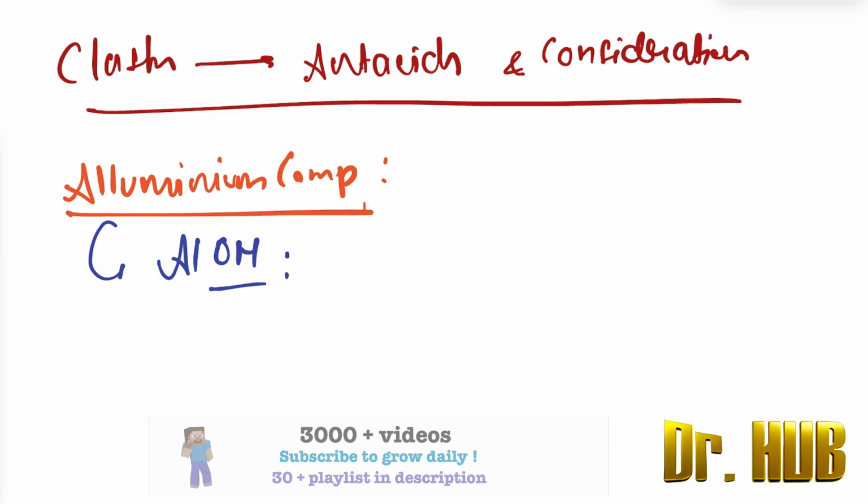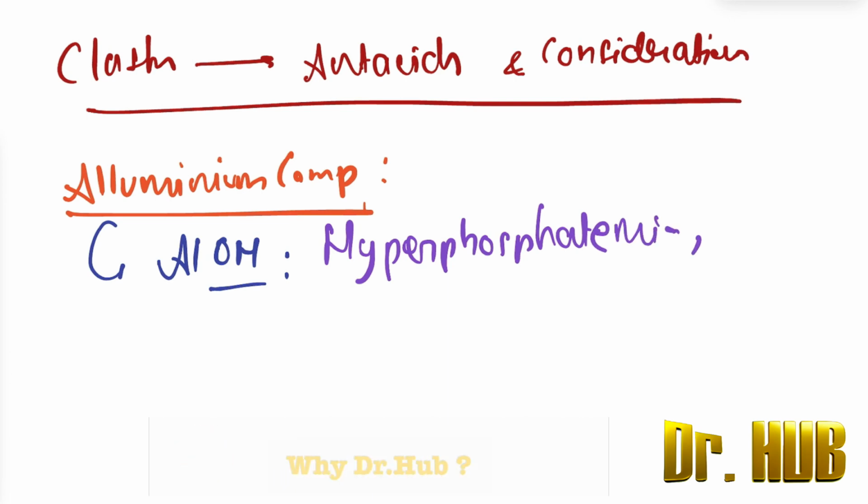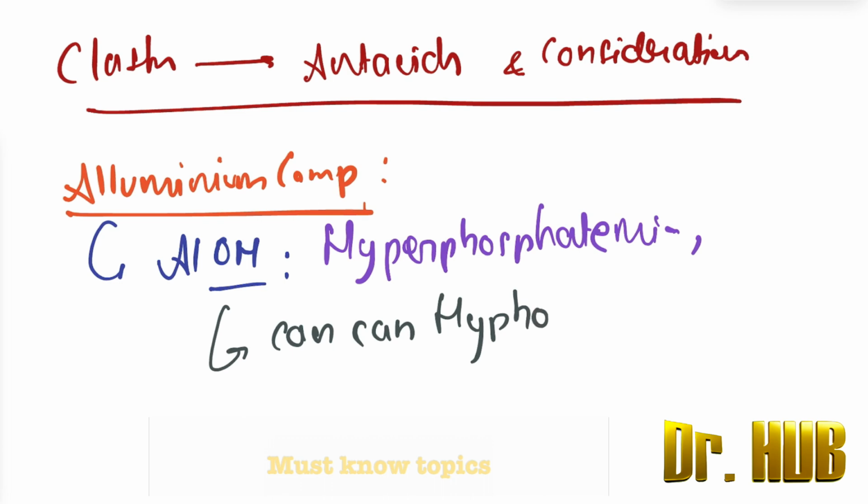This aluminium hydroxide is used to treat hyperphosphatemia, and it can also lead to hypophosphatemia.